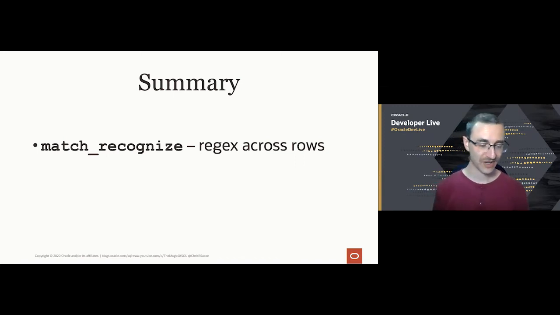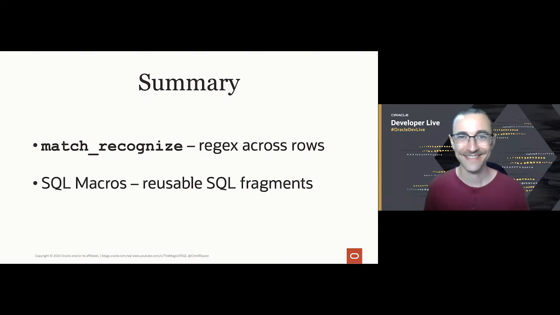But as I said, previously it is very tricky to make this logic generically reusable and apply it to other tables, other columns, and so on and so forth. So now, at last, we have Sql macros that allow us to do this. These are reusable SQL fragments.